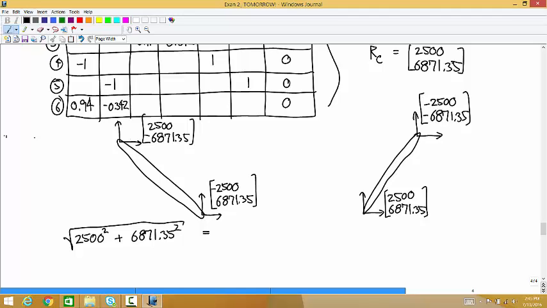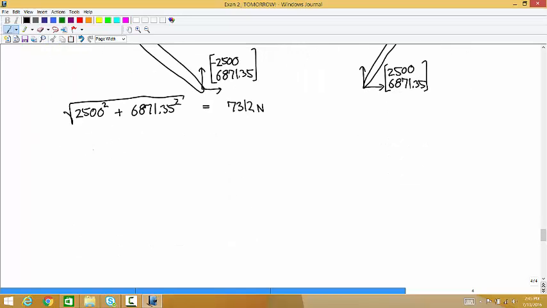And what's the magnitude? 7312. Okay, 7312. So for both of these, what we have is 7312 acting on each end.